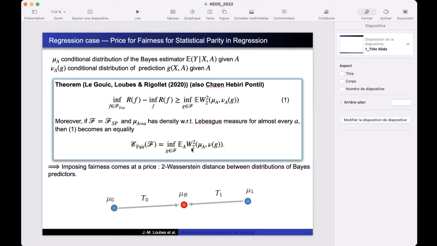So I'm trying to minimize the Wasserstein distance between any function, here distribution mu G, with respect to mu 0 and mu 1. And in fact, this formulation corresponds to what is called the Wasserstein barycenter.